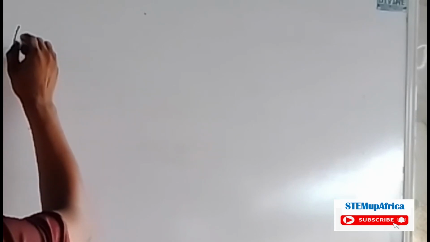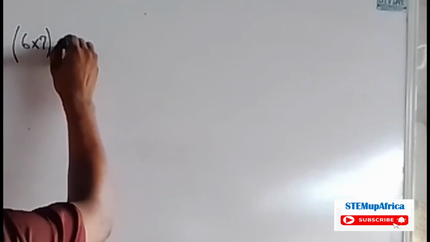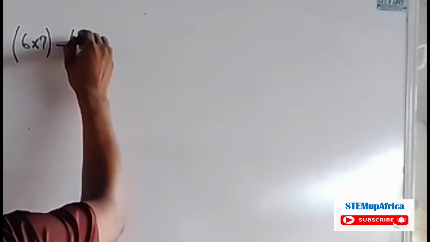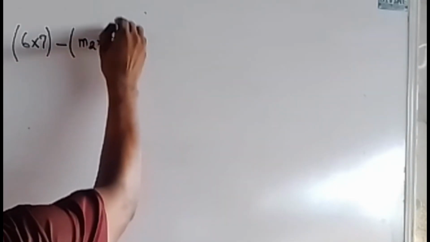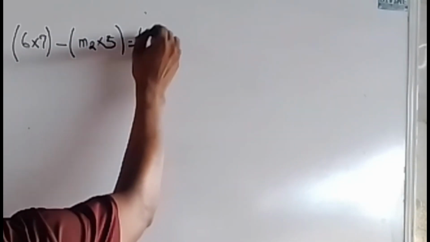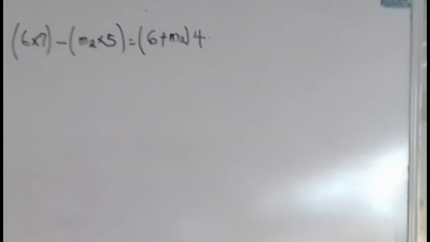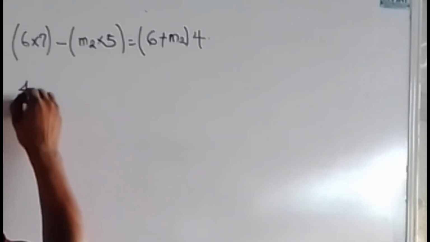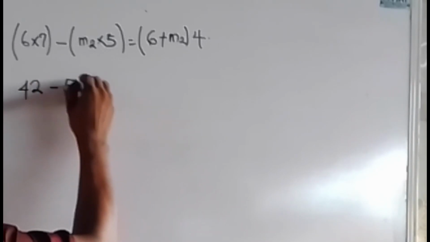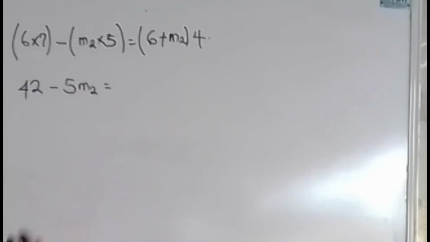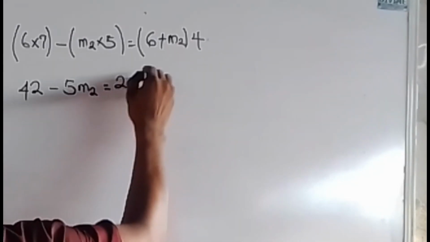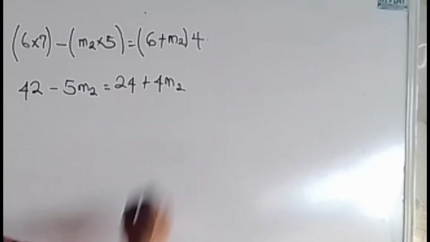We are going to have 6 times 7 minus M2 times 5 is equal to M1 is 6, M2 I don't know, velocity is 4. So if I multiply, that gives me 42 minus 5m2 is equal to, if I open this bracket, 24 plus 4m2.